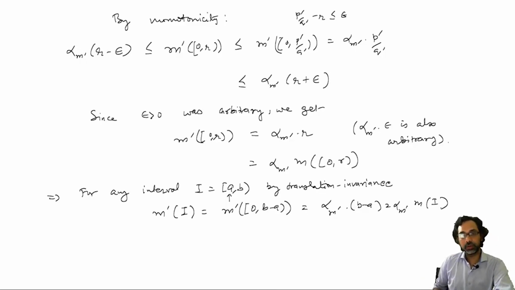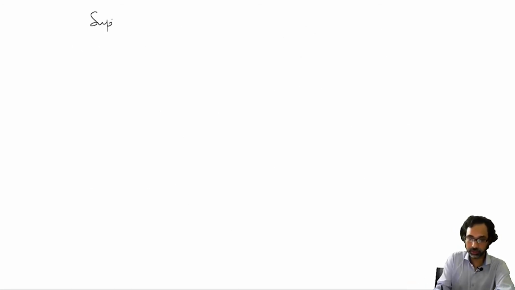So therefore we can do this for any interval, and now the only thing left is to show this for any union of intervals. So suppose that E is elementary.